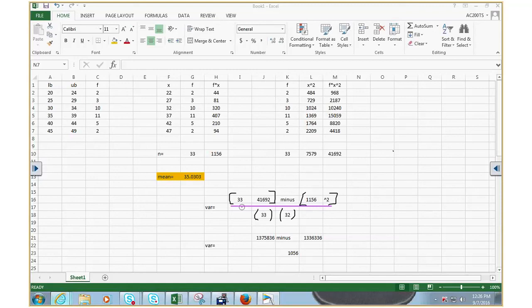So 33 minus 1 is 32. So it's 33 times 32. Again, it should be 33, not a decimal.